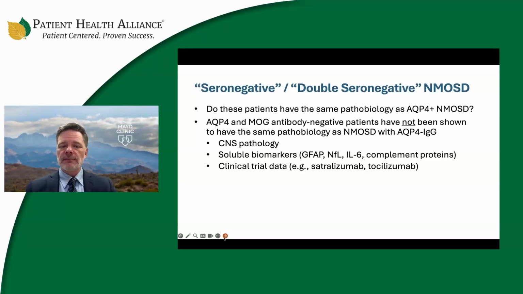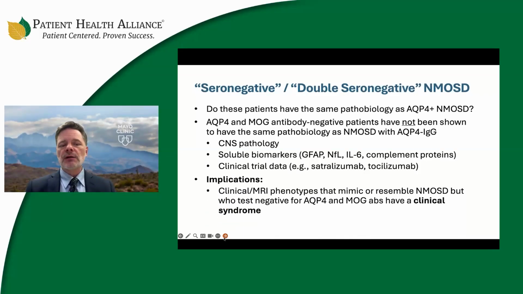And then finally, clinical trial data, and especially data derived from studies of interleukin-6 targeting drugs such as satralizumab, where there were patients that were enrolled in trials, either seronegative or seropositive, and found that the drug positively benefited the seropositive patients, but did not benefit the seronegative patients, suggesting that the underlying biology, in fact, may be different. So the implications of this are that there are patients with clinical and MRI phenotypes that either very closely mimic or resemble seropositive NMOSD who test negative for both aquaporin 4 and MOG antibodies. And we would say that these patients have a clinical syndrome rather than a disease.